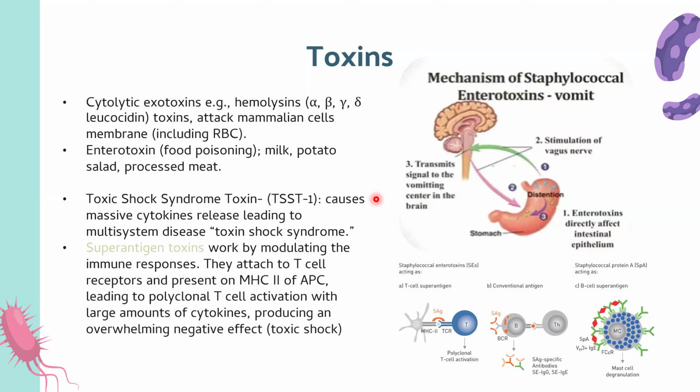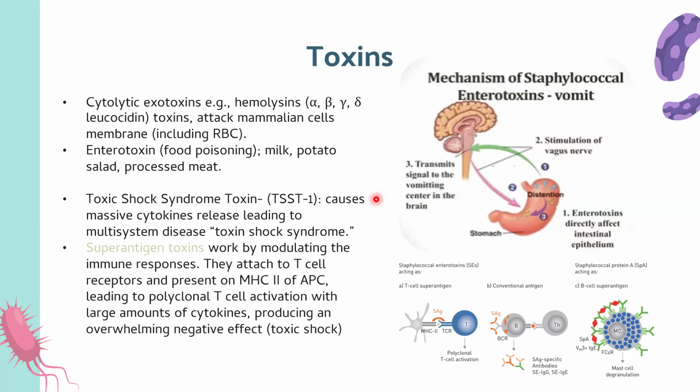Okay? It's also going to have an enterotoxin, which is involved with food poisoning. What happens is that you ingest this enterotoxin, particularly in milk, potato salads, processed meats, mayonnaise, creams. So always think, if I'm mentioning some kind of pastry, some kind of cream, always, always, always think Staph aureus.